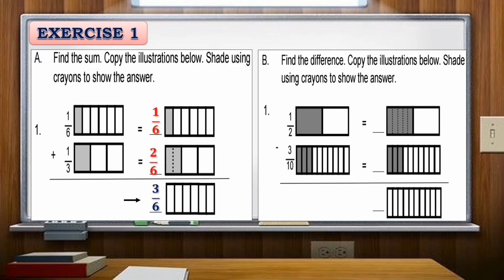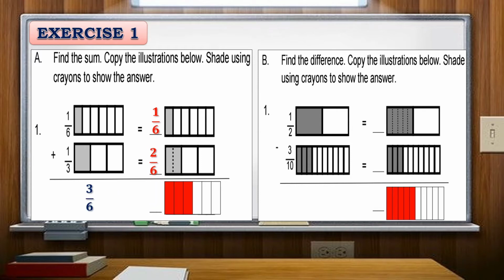So the answer is 3/6. 3/6 is not in the lowest term, so we will divide using the greatest common factor. The greatest common factor of 3 and 6 is 3. So, 3 divided by 3 is 1. 6 divided by 3 is 2. The final answer is 1/2.